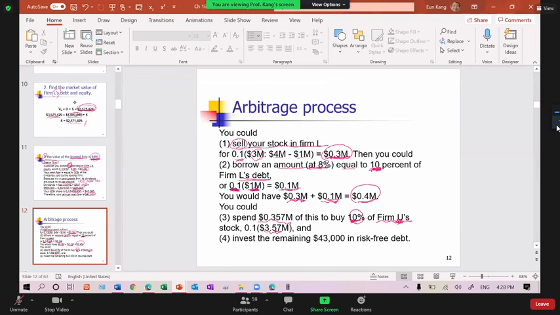You have 0.4 million in total, so 0.4 minus 0.357 leaves 0.043 million, which is 43,000. You invest that in risk-free debt.